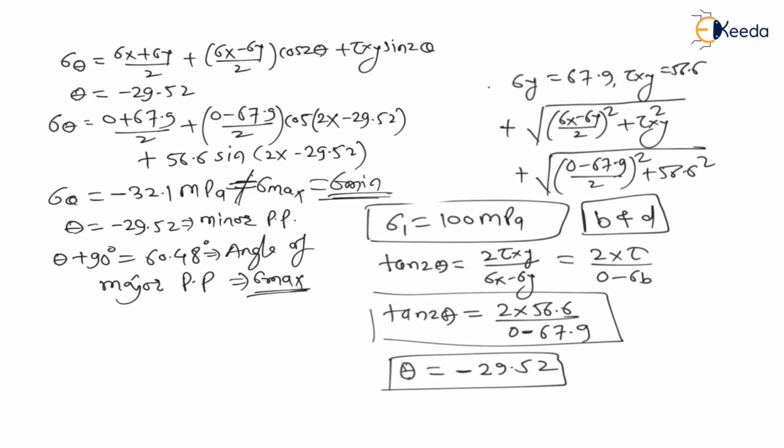This we have to check. Therefore the answer for this question is option D, sorry, option B is the correct choice. Here for this question option B is the correct choice, that is sigma max is equal to 100 MPa and orientation theta is equal to 60.48 degree. This is the correct choice.